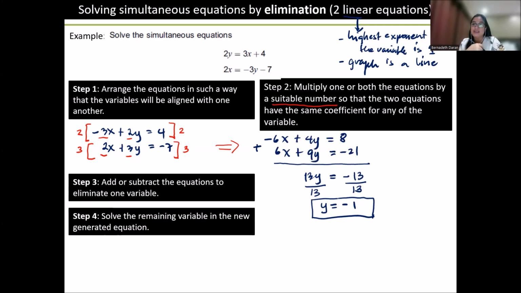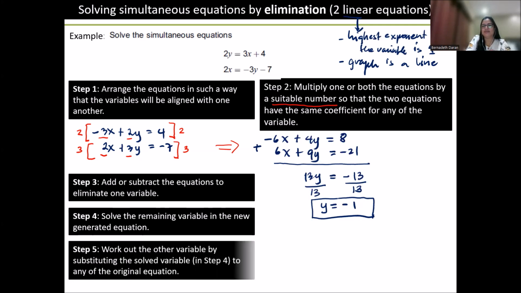Now, let us try to solve for x. We are going to work out the other variable by substituting the solved variable, the y, into any of the original equations. So you have to choose where to substitute y. Is it here at 2y is equal to 3x plus 4, or 2x equal to -3y minus 7?